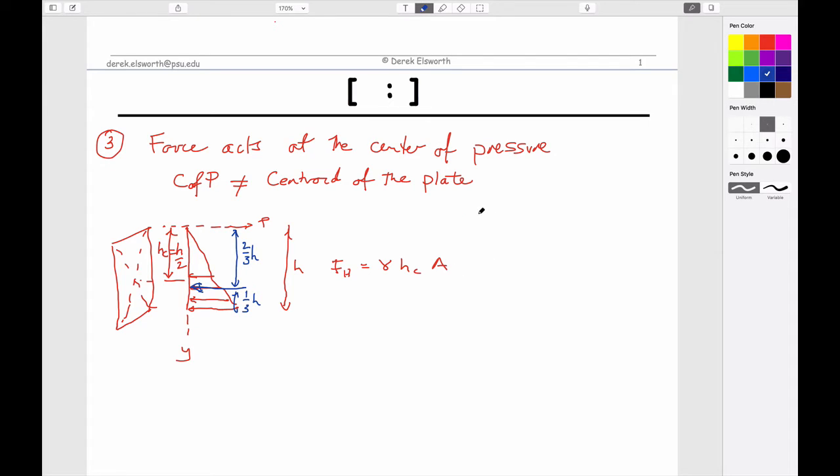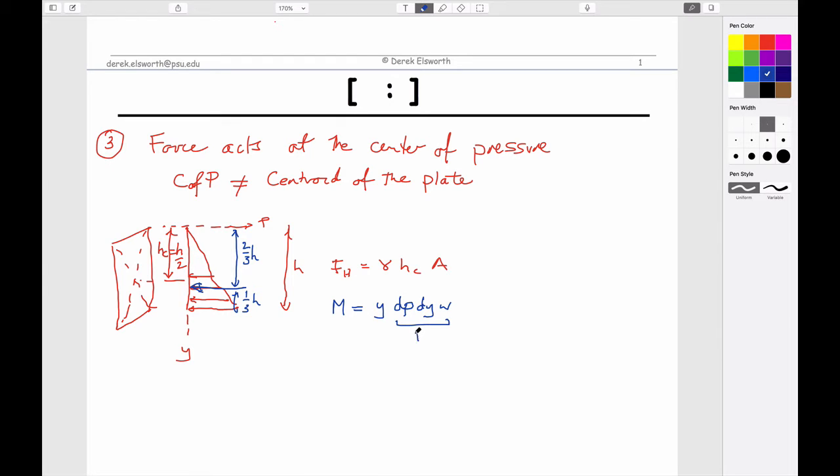And the reason for that is that if you look at the sum of moments acting on the system, the moments equal some lever arm multiplied by a pressure multiplied by some length and area.